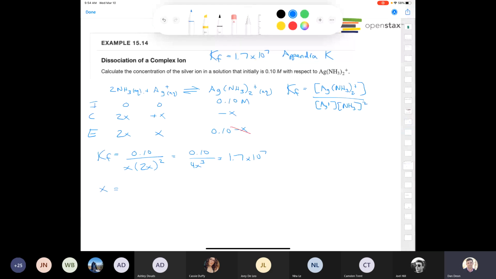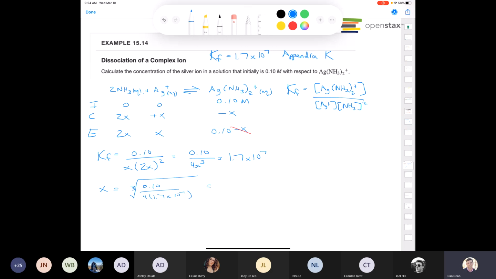So x is going to be equal to the cube root of 0.10 divided by 4 times 1.7 times 10 to the power of 7. Oh, I made a mistake here. There we go.